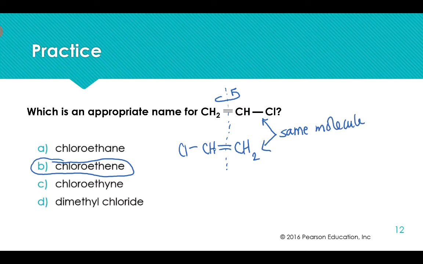There's only 2 carbons here, and so the only possible location for that double bond is right here in between those 2 carbons. There are no other possibilities. So, no isomers, no numbers. So if there's no isomers present, you don't have to worry about numbering in the name.